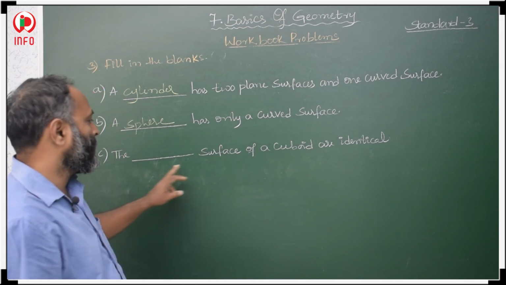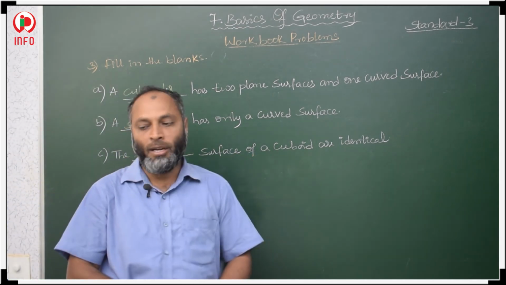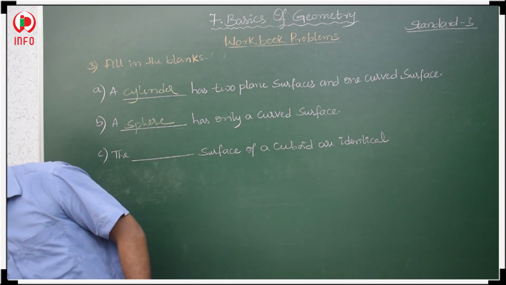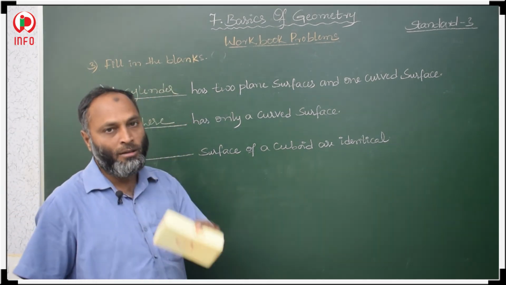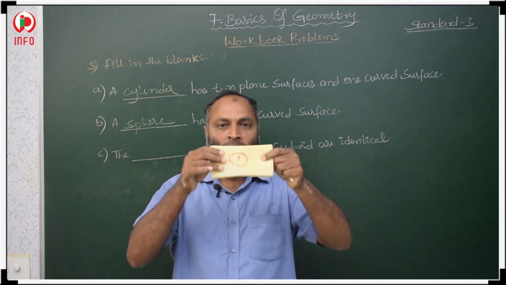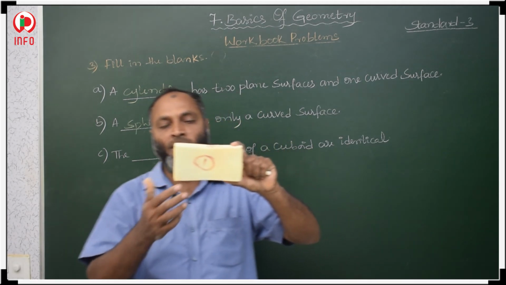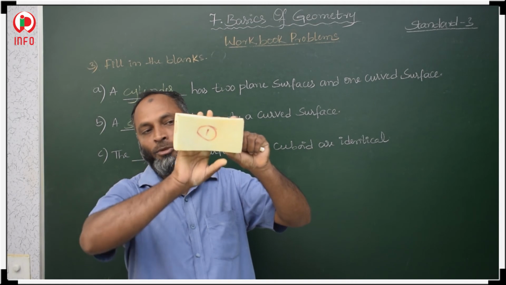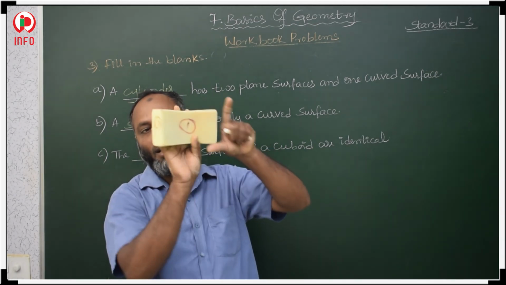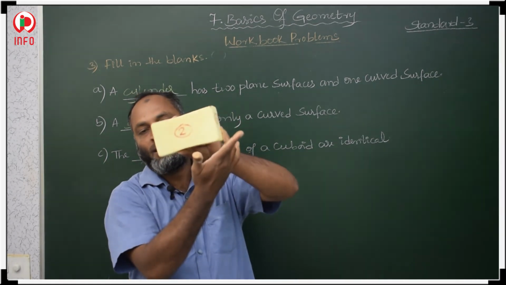Next, the dash surfaces of a cube are identical. So the surfaces of a cuboid, not cube, cuboid. This is a cuboid. In this cuboid, the dash surfaces are identical. So this and opposite this. These two are identical. So opposite faces are identical.